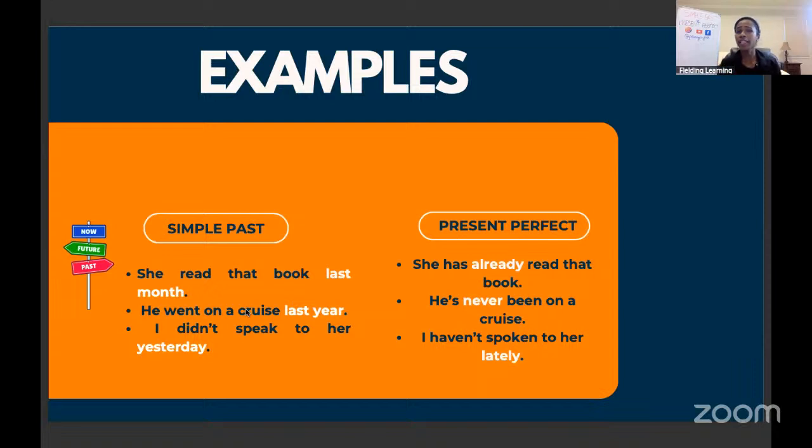The second example is, I actually did that over here, he's never been on a cruise. So this S with the apostrophe over there is the has. He has never been on a cruise. He's never been on a cruise. So you just elongate a little bit.